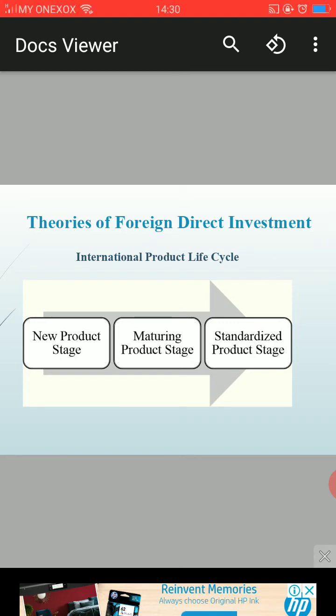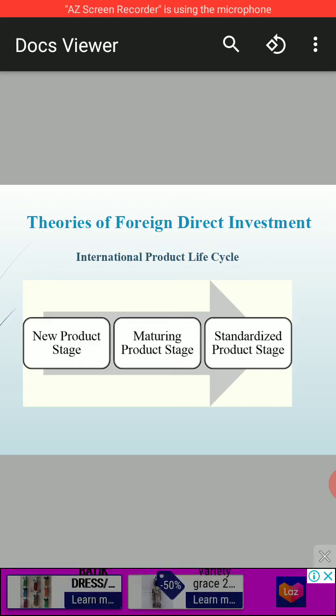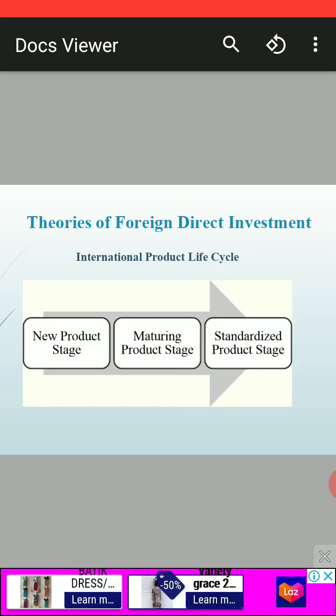And in the last stage, the standardized product stage, Xerox needs to move or shift their production to other developing countries, because at this point many countries, including developing countries, are able to produce the same product. So they need to compete in terms of cost. Investing in developing countries is the best way for them to reduce the cost.